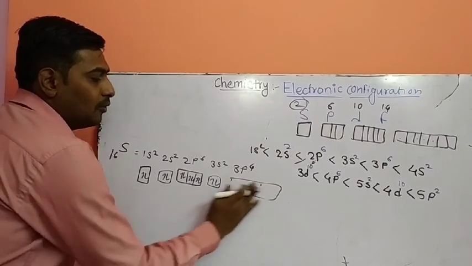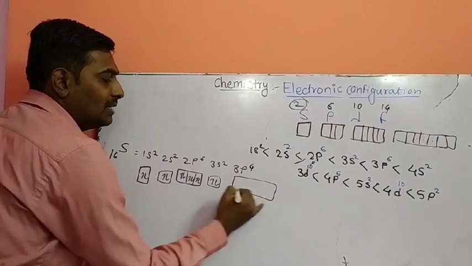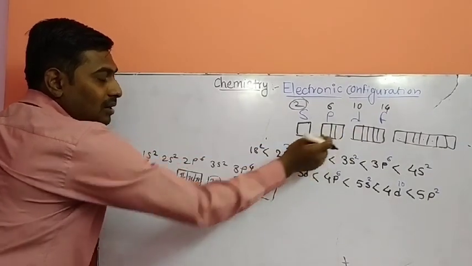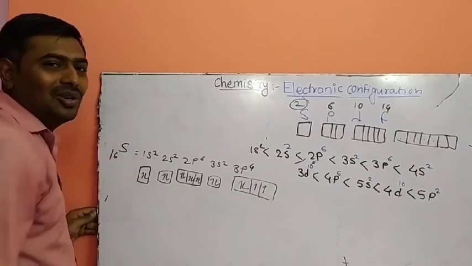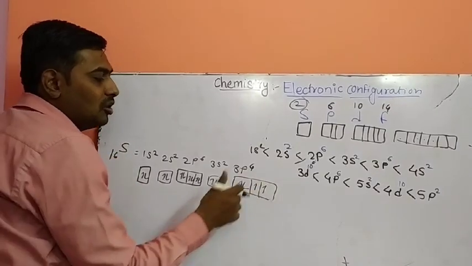How will 3p4 be written? The p orbital is like this one. For 4, there are 1, 2, 3, and this is the fourth electron. The fourth electron should be antiparallel.